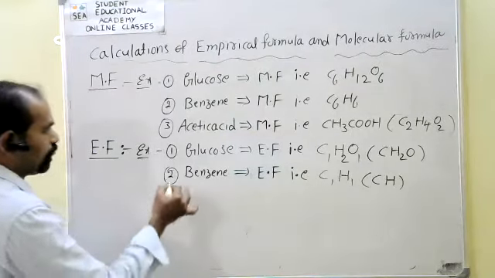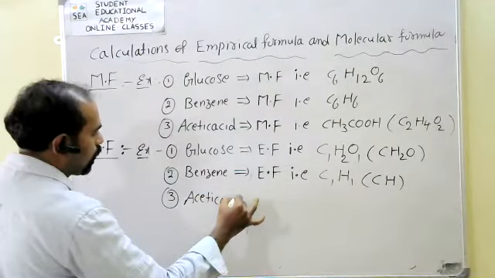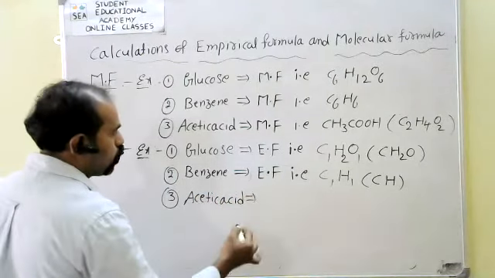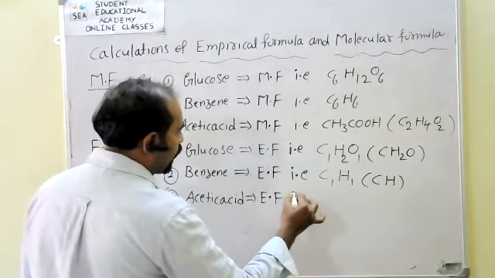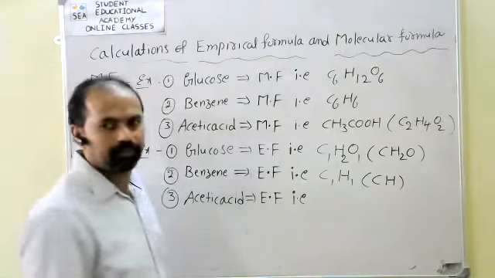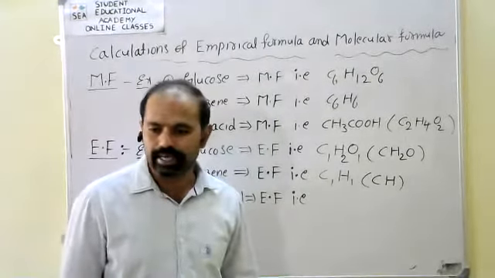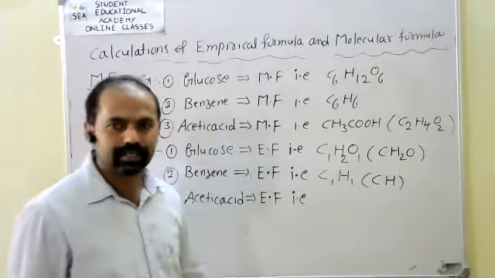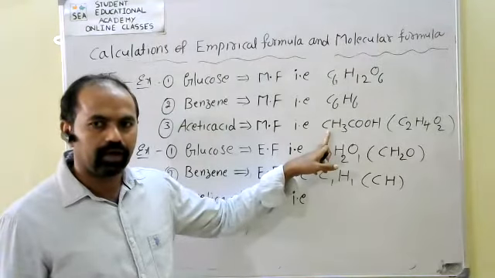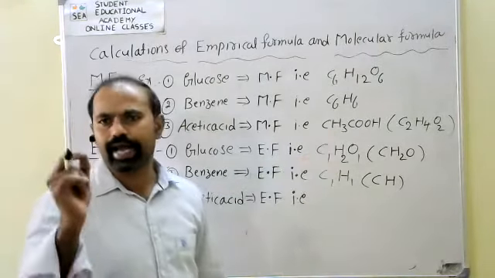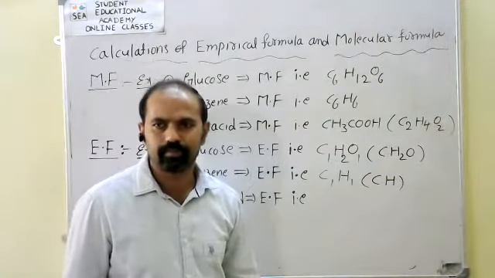Otherwise, take acetic acid. What about the empirical formula of acetic acid? The molecular formula contains exactly 2 carbons, 4 hydrogens, 2 oxygens.